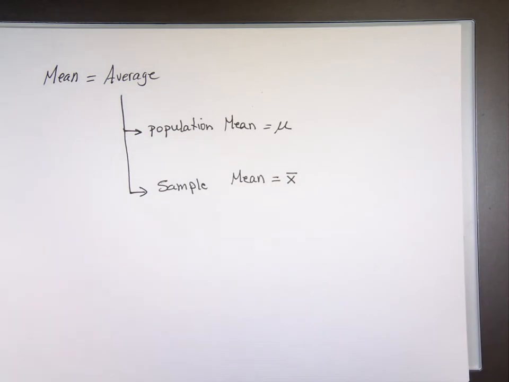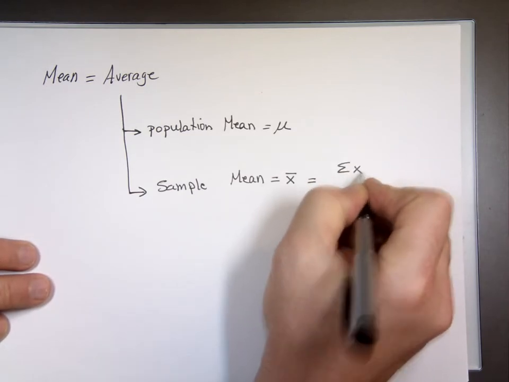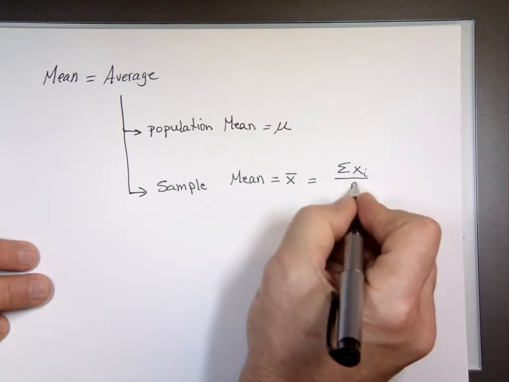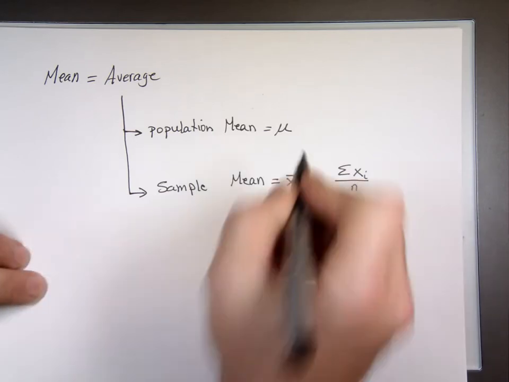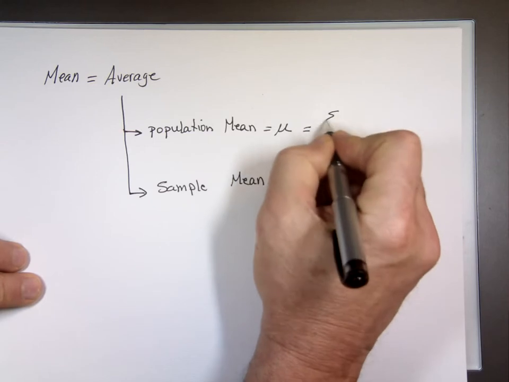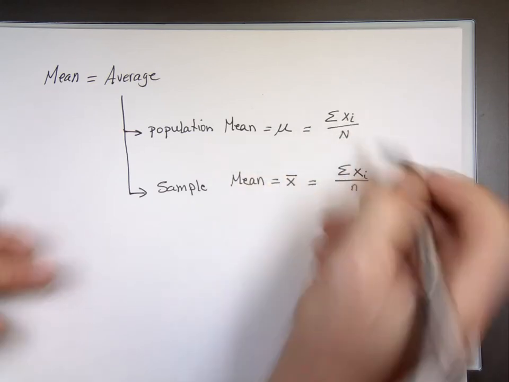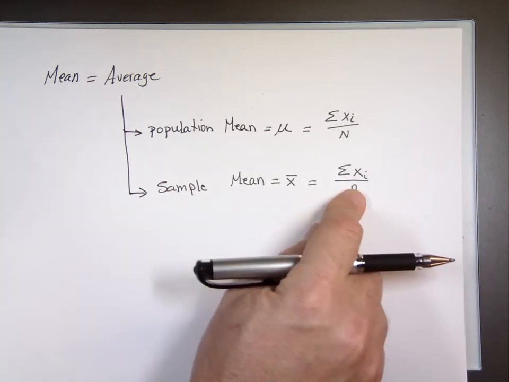And the way you calculate the mean is you add all the values, the sum of all the values, and divide that by the number of values you have there. And if it is a population, we go as the sum of all the values divided by capital N, where capital N is the population size, small n is the sample size.